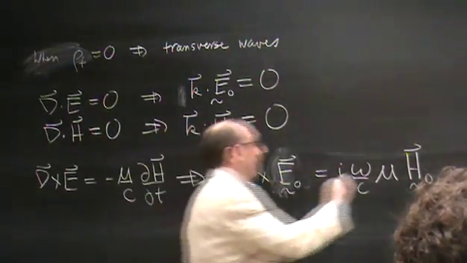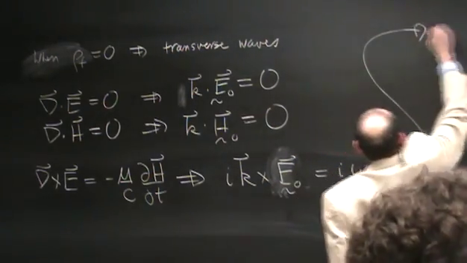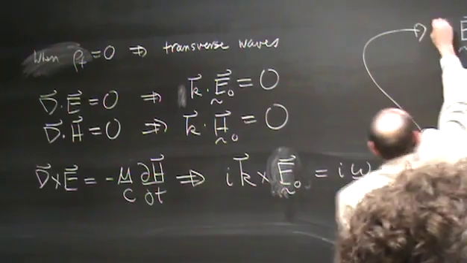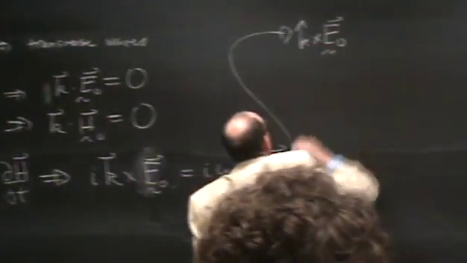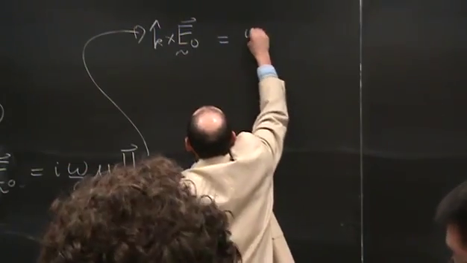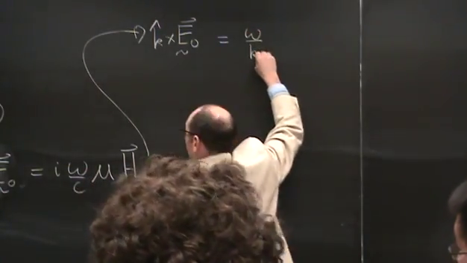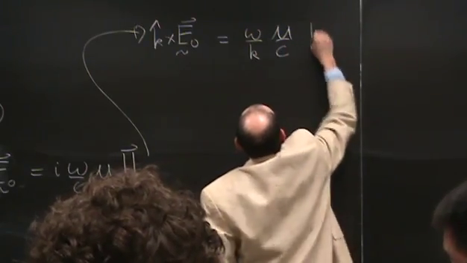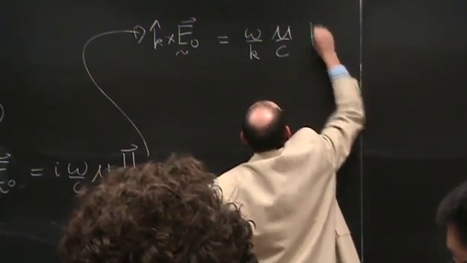So this tells me that E naught tilde crossed into the direction of k is equal to omega over k, mu over c, H naught tilde.